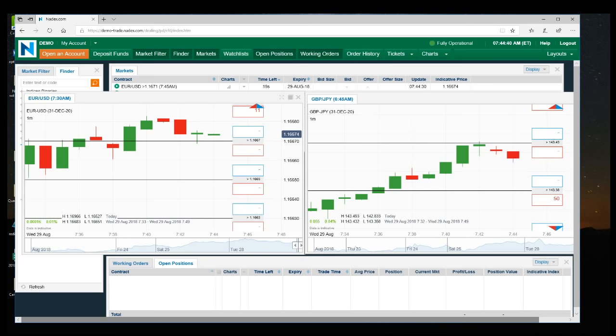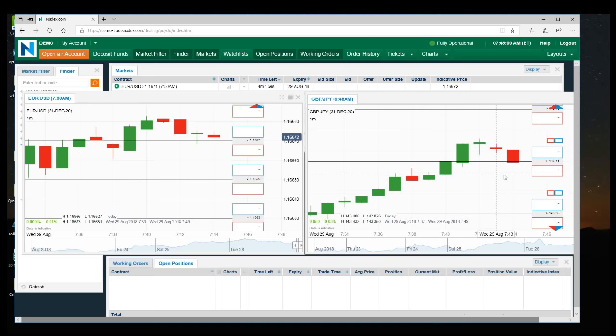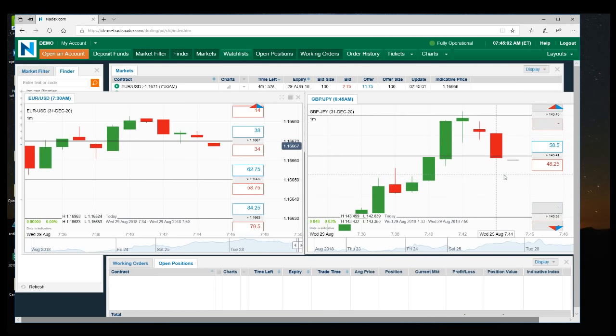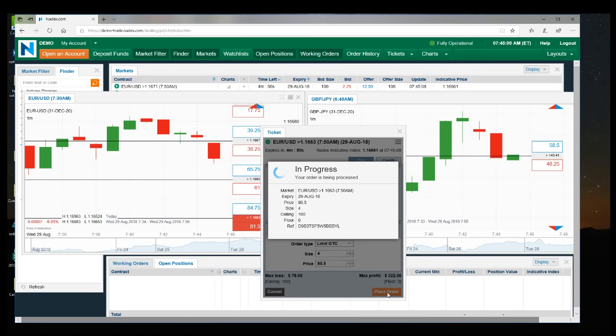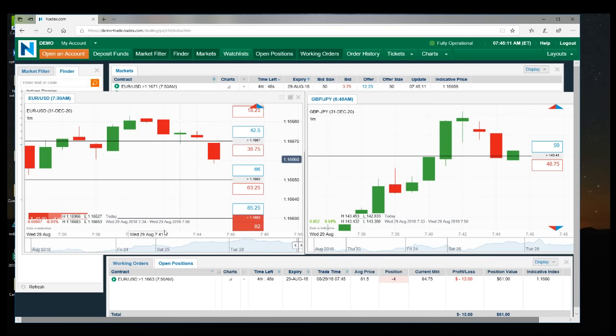We do have divergence appearing on the 1-minute chart. I'd prefer it to be on the 5-minute. Okay. I'm going to come down out of the money on the euro.